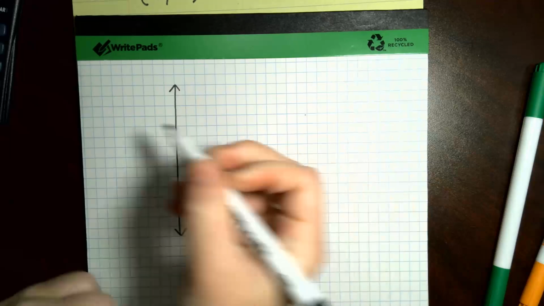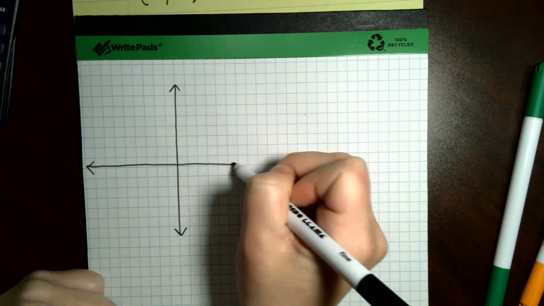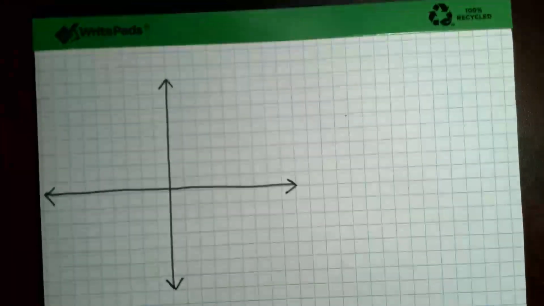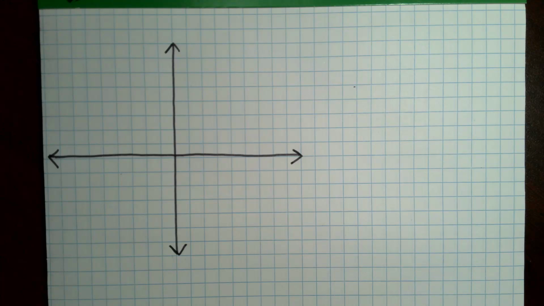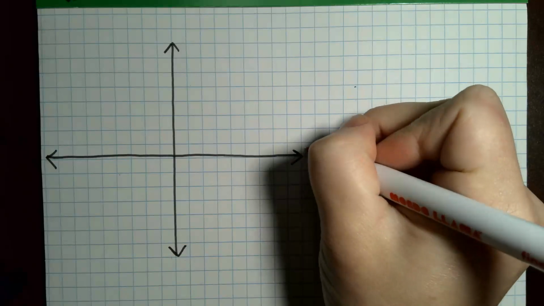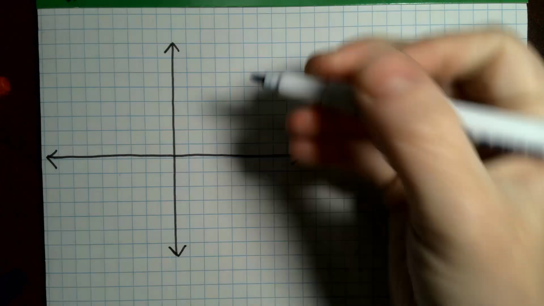This is more of a visual aid. If it does help you, you can write it, but you don't have to. Okay, so let's say that I have this little graph here. And I'm going to label my X and Y axes just so I keep everything straight.